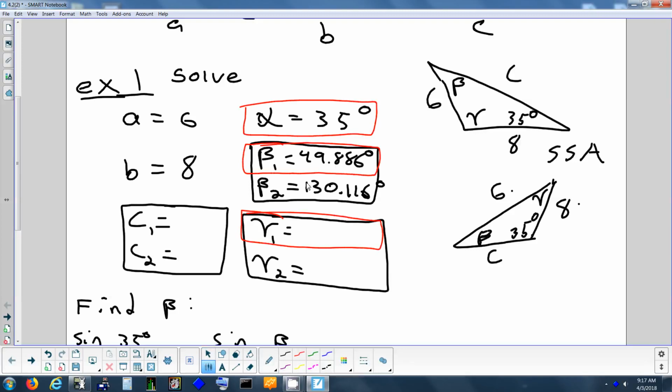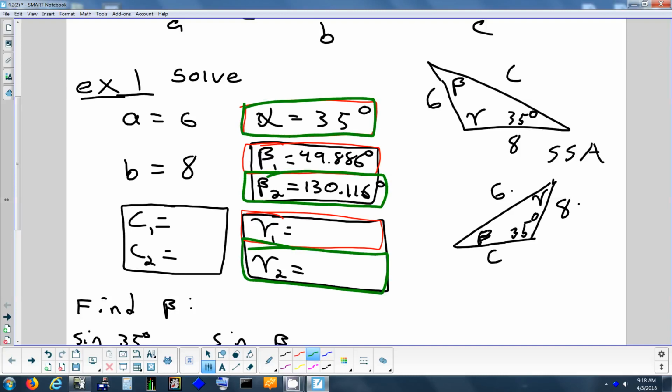Those are the three angles in the red triangle. In the green triangle, we have alpha, beta 2, and gamma 2. So what I just put green boxes around, that's the second triangle. And if you're like, well, you put a red and a green box around alpha, yep, it's in both. The red and the green triangles share that angle.